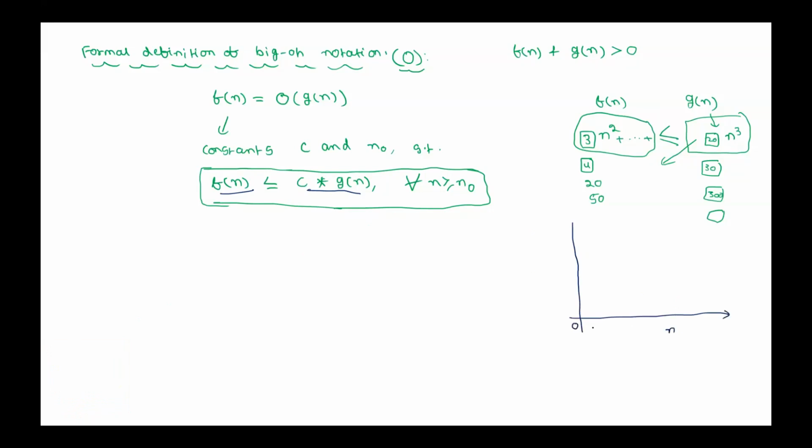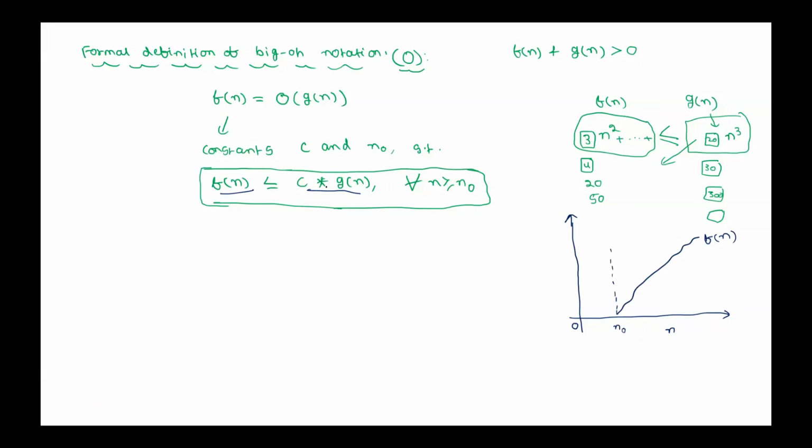This is 0, this is one axis, this is the other axis. Somewhere n naught is there. From n naught value onwards, what does it say? If f of n is something like this, what can you say about the value of g of n, the numerical value of C into g of n?